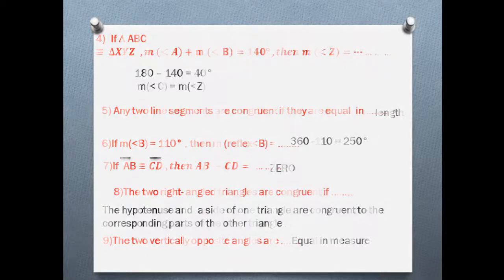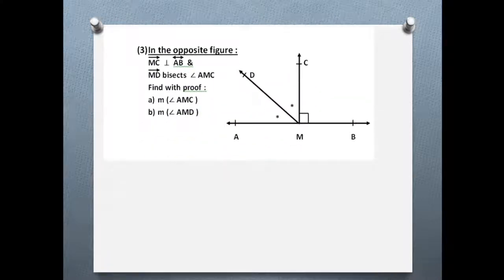Yes. Let's have a little exercise. In the opposite figure, a ray MC is perpendicular on a straight line AB, and the ray MD bisects the angle AMC. Find with proof measure of angle AMC and measure of angle AMD. The straight line AB, we have a ray with a starting point M on this straight line.